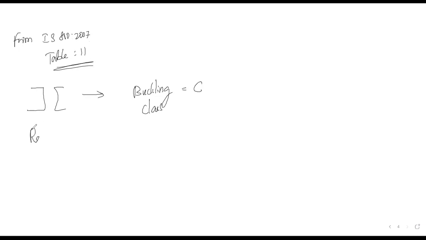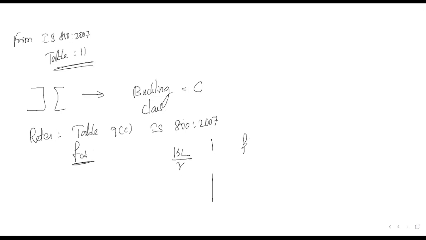So refer table 9C from IS 800 2007 to get the value of FCD, the design compressive strength, from the KL by R value.